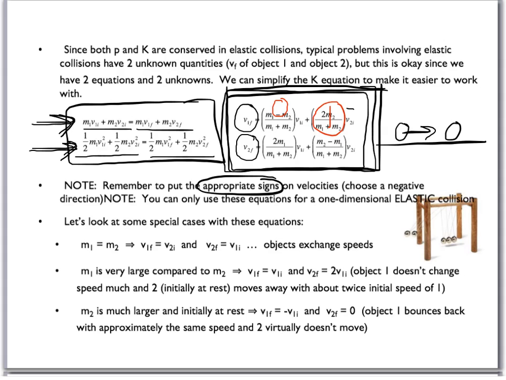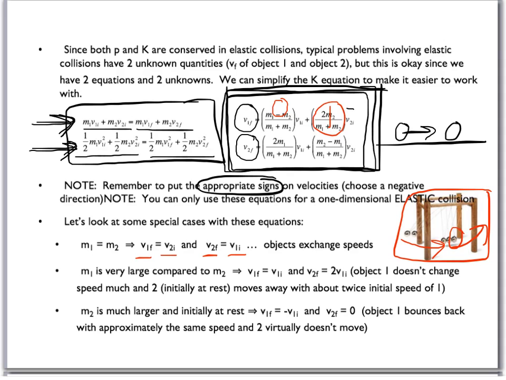What we're recognizing is that if the two objects were the same size, then the final velocities would really just be trading velocities. The final velocity of one would be equal to whatever initial velocity object 2 came in with. And the final velocity of object 2 would really just be equal to the initial velocity of object 1. Again, very much like a Newtonian demonstrator. Whichever speed and velocity you have coming in, you trade that off with the next couple of objects and they leave with that exact same velocity.